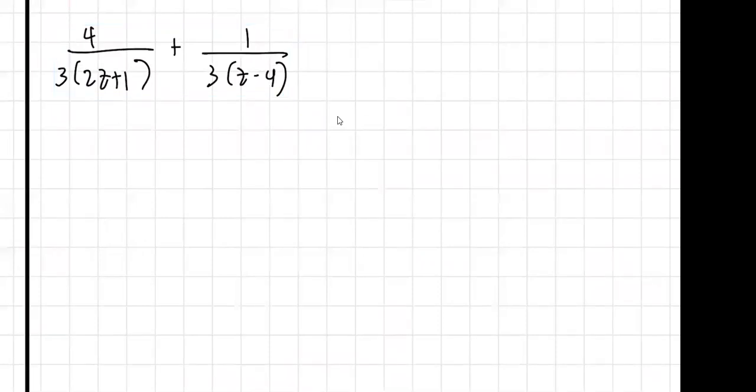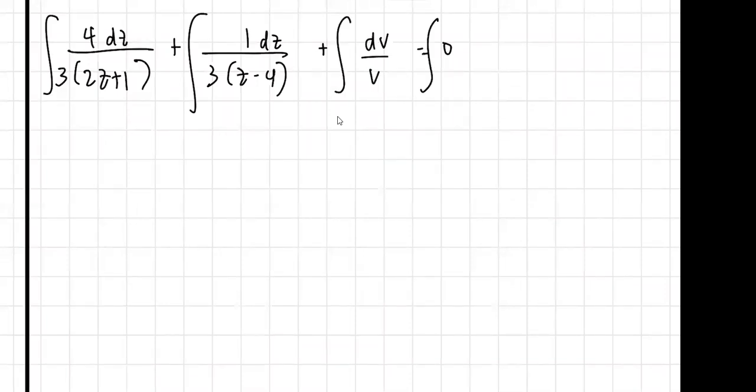Okay, so ito na yung nangyari sa first term. Then lahat ito is may dz. So plus dv over v is equals to 0. So we integrate. So we have 4/3. So kailangan 2dz dapat.